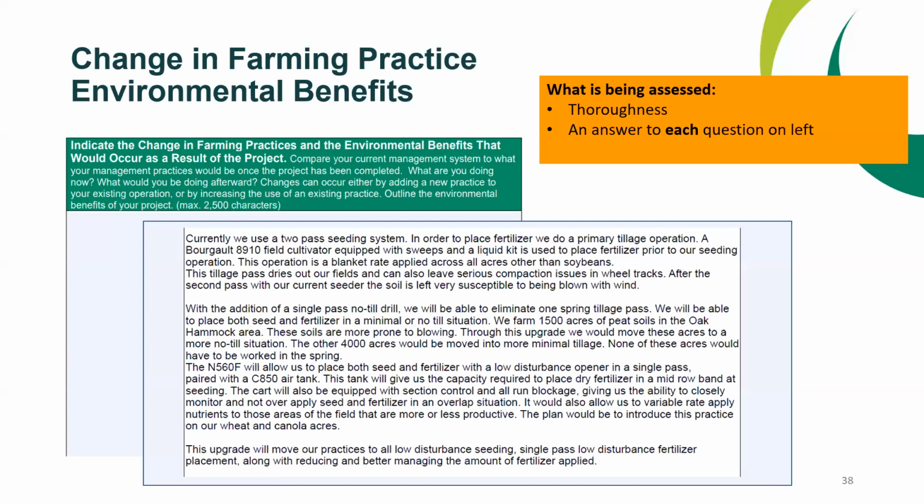And then finally, you need to outline the environmental benefits of your project. I'm not going to read this complete answer out. Again, you can go back to this recording if you want to take a look at it more clearly. This is basically exactly what we're looking for you to answer this question.